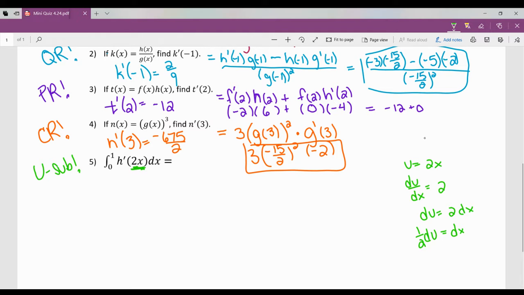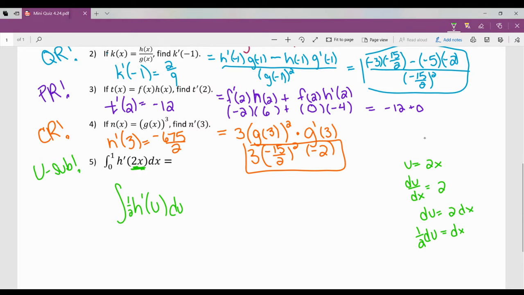All right, so when I substitute it in, I leave those bounds blank for right now. H prime of u, and then because it's dx, I have to substitute what dx is equal to, which is 1/2 du. So now it's a u here, a u here.